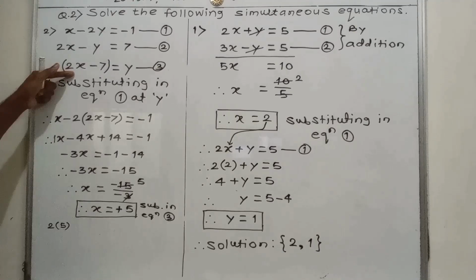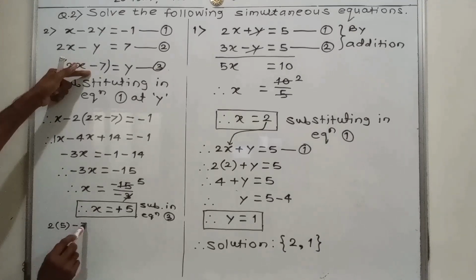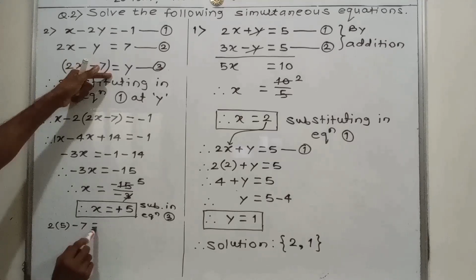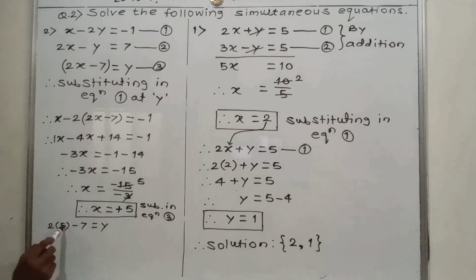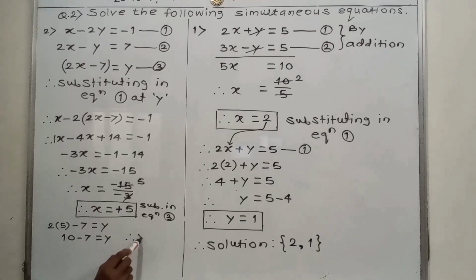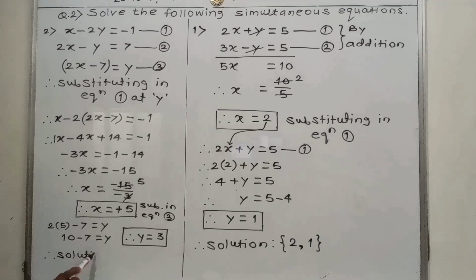Very simple. See here, 2 into 5 minus 7 is equal to y. Therefore, y is equal to 10 minus 7, which is 3. Therefore, the solution is 5, 3. Did you get it?